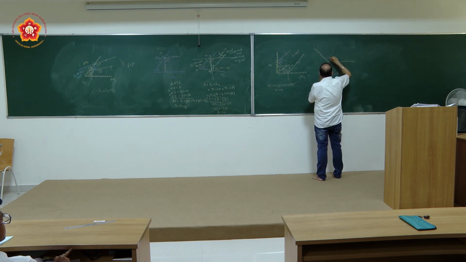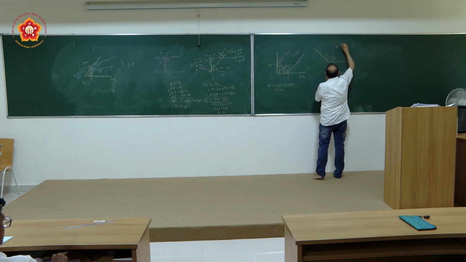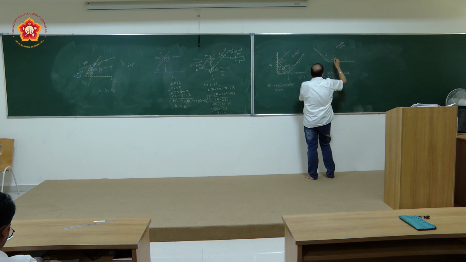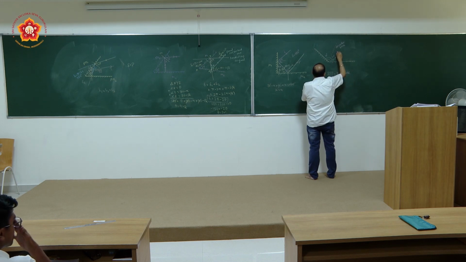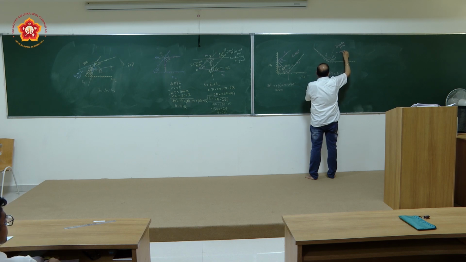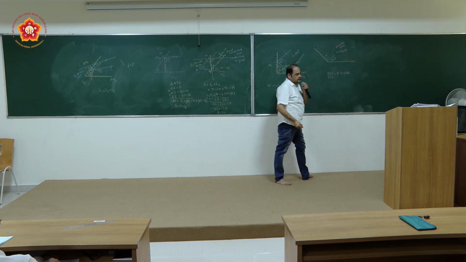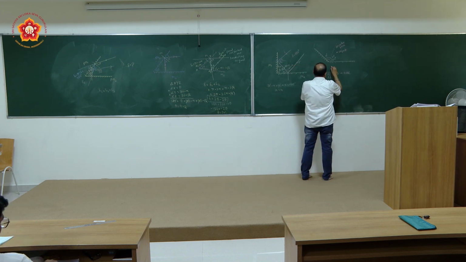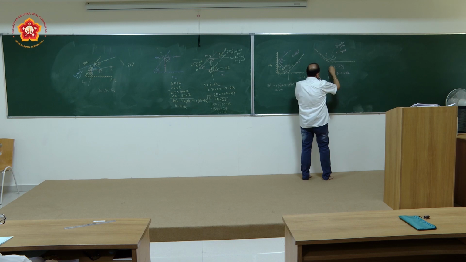Then this angle will be 60 degree and this angle here will be also 60 degree. So this is your bisector line. If I am having the object present not on the bisector, this is the object. Is it present on the bisector line? In that case, you will be having number of images small n is equal to m. In this case, it is 3. So in this case, the number of images will be 3.